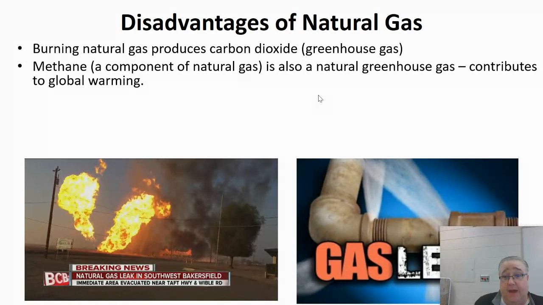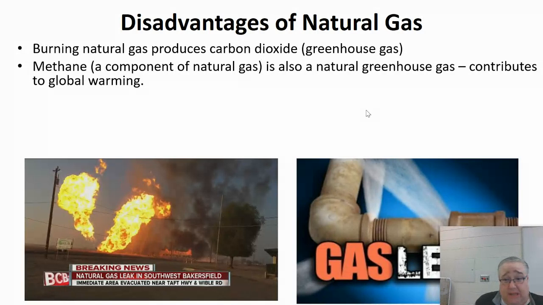Now, the other thing about natural gas, which really makes it a disadvantage, is the actual gas itself. If we burn the methane, or the natural gas, then it's going to produce CO2. But if we don't burn it and it leaks into the atmosphere, the methane gas itself is a greenhouse gas.